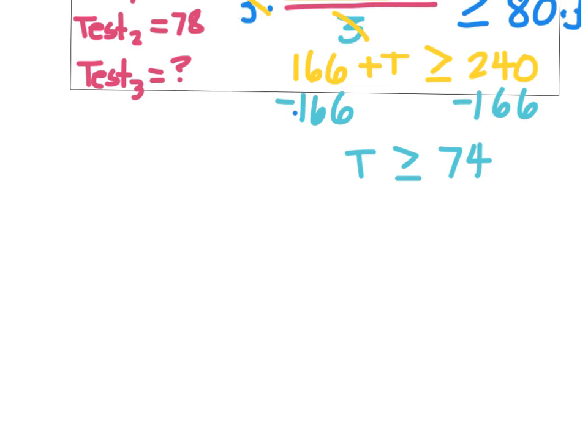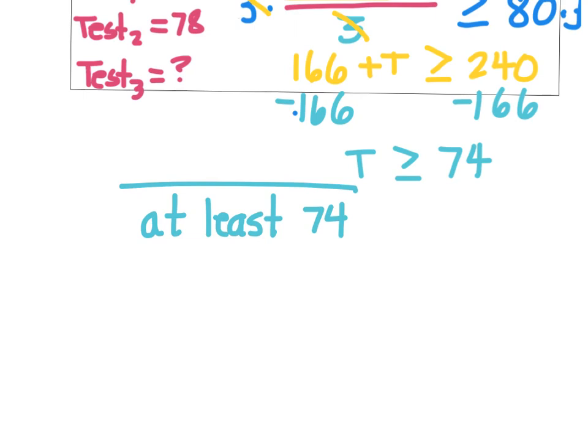But what does that mean? It means that Holly must make at least a 74 on her last test to keep her average above an 80. Be sure that you are writing the answer in words so that you will make the connection between what it means and what the mathematical statement looks like.